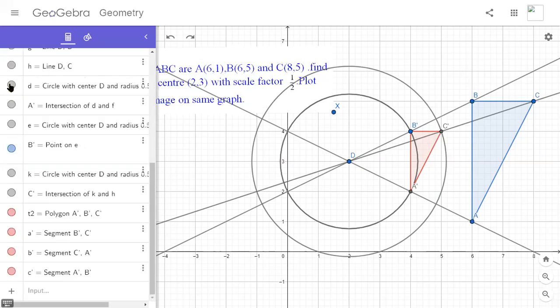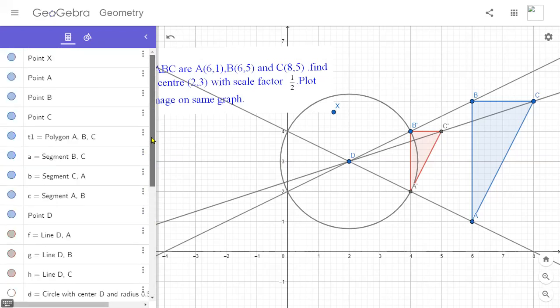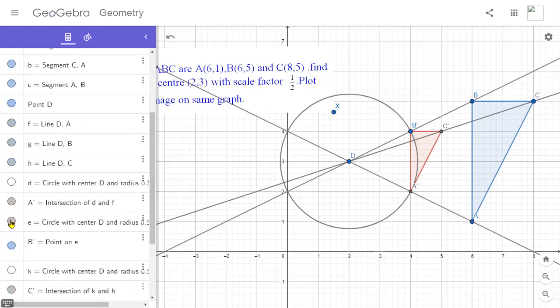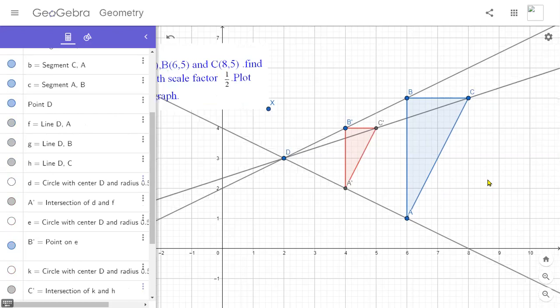And the next circle is just this circle, just hiding that. And the first circle, let me hide the first circle also. Just hiding this unnecessary part. Here we have finally solved this question by using the basic concept.